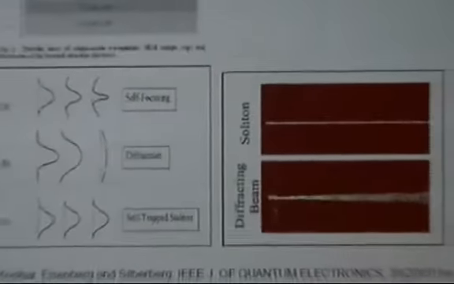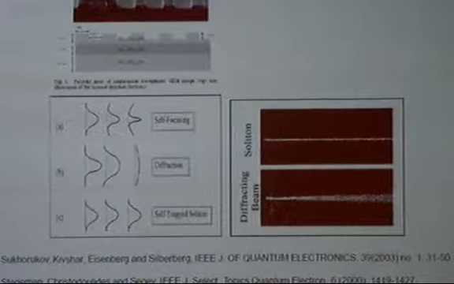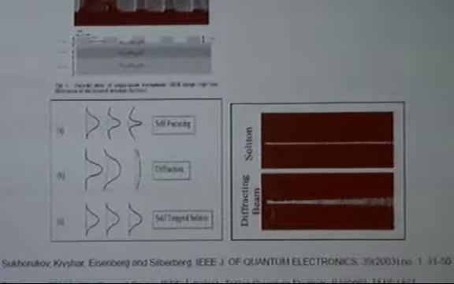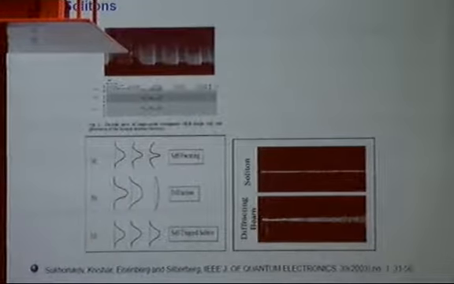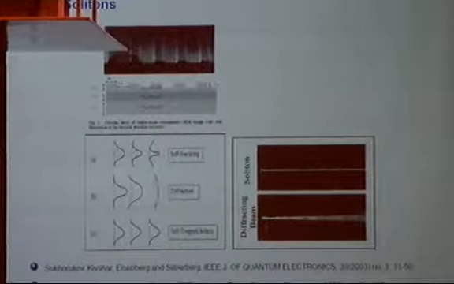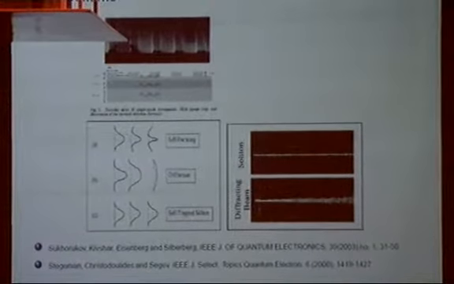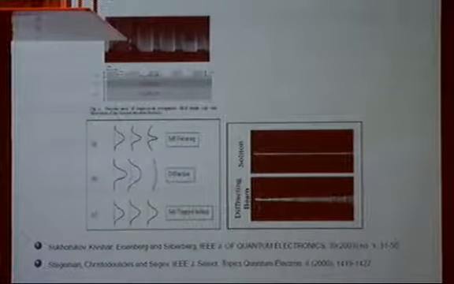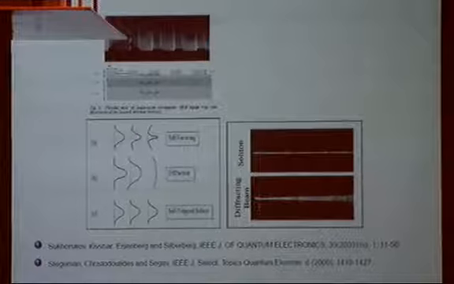In fact, because of diffraction of the beam and self-focusing coming from the nonlinearity, when we have a very good balance between the nonlinear effect and diffraction, we can have a self-trapped soliton, which is called a spatial soliton in this setting.